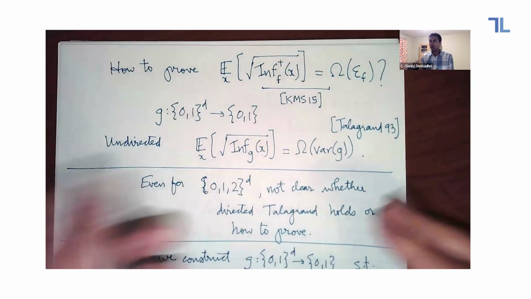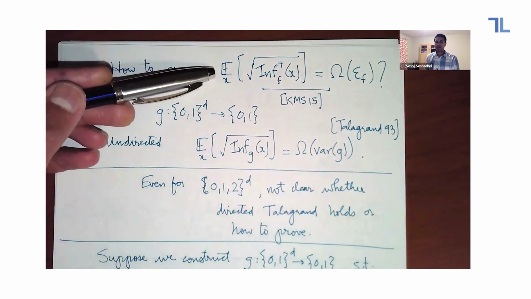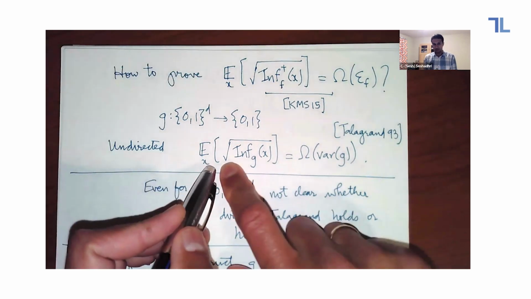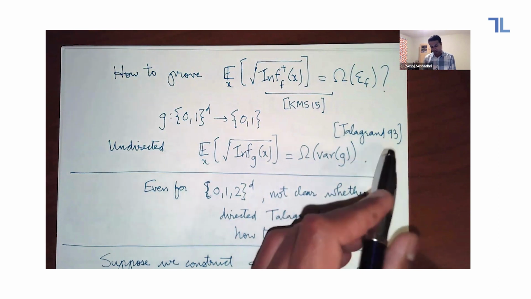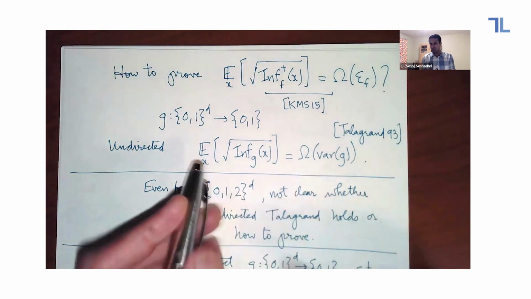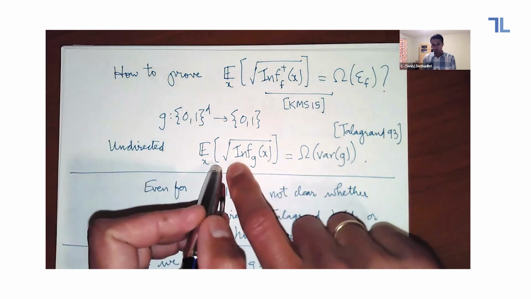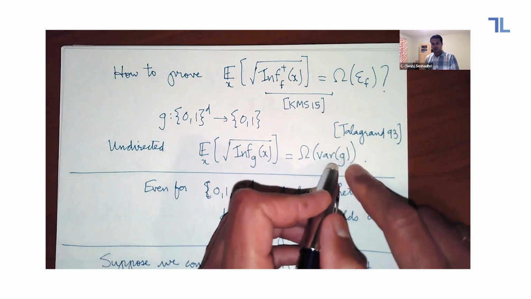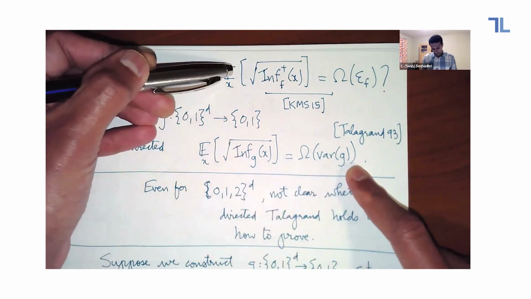And so the whole game is, we wanted to understand how to prove this inequality. And so the idea is to reduce the directed version to the undirected version. So in the undirected version, which we know from Talagrand's 93 result, for any Boolean function g, this expected root of influence is at least the variance of g. So we're going to try to move a directed function to an undirected function and play this game.